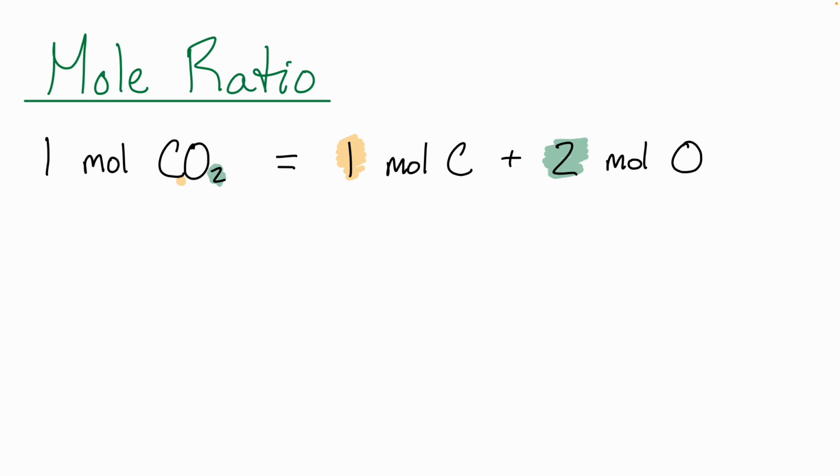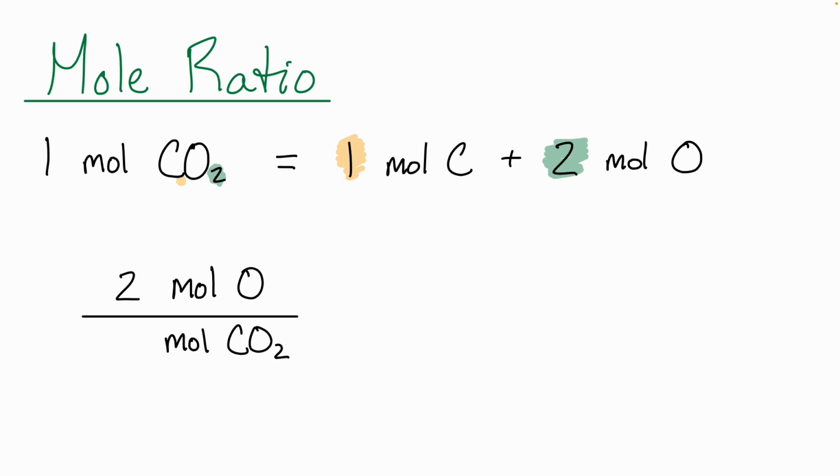The ratio of moles of oxygen to moles of carbon dioxide. All right, and just like we established up here, there are 2 moles of oxygen for every 1 mole of carbon dioxide.